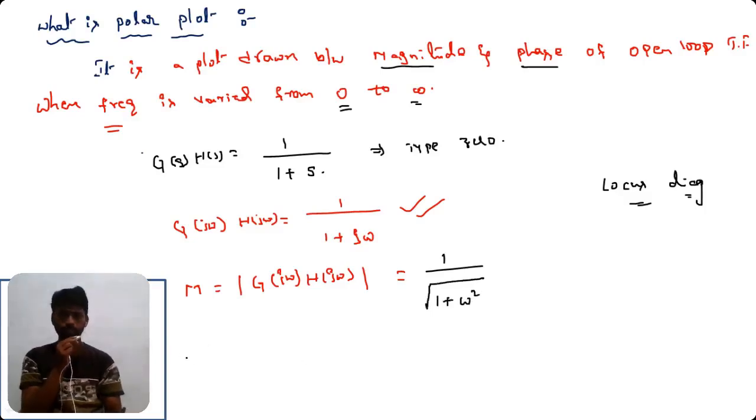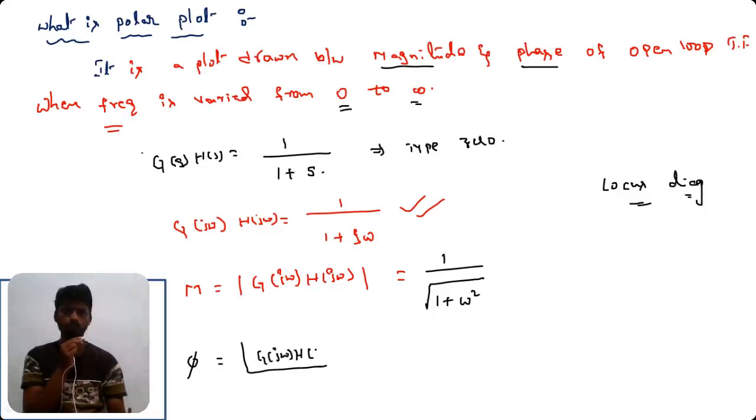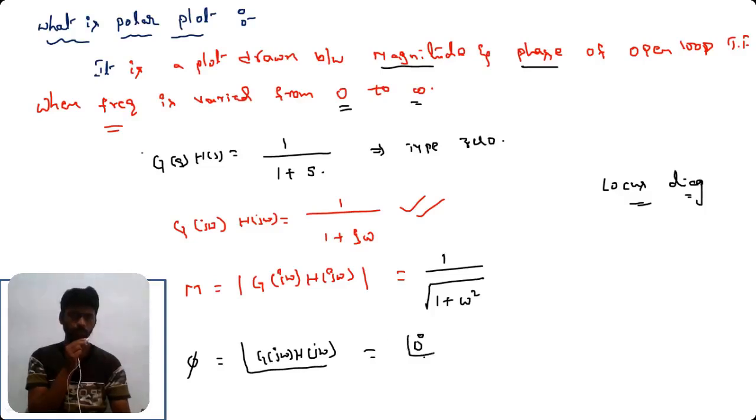The phase angle phi will be the angle of G(j omega)H(j omega). The angle of the numerator is 0 degrees and the denominator is tan inverse of omega. If you simplify this, you will get minus tan inverse of omega.